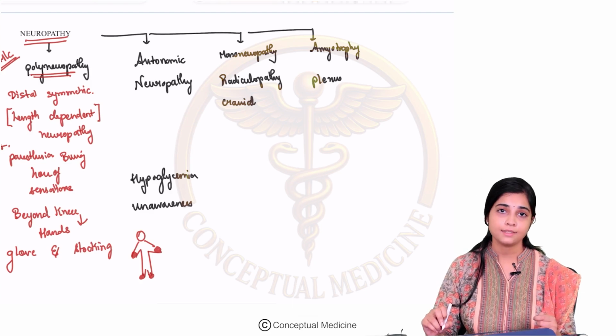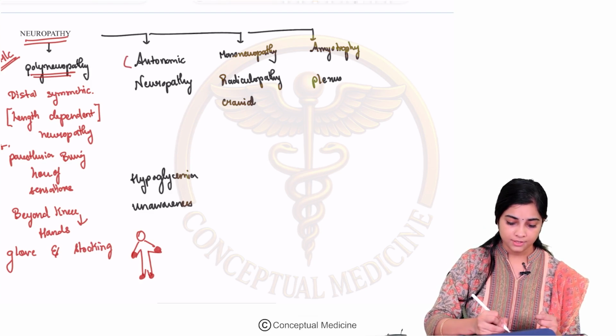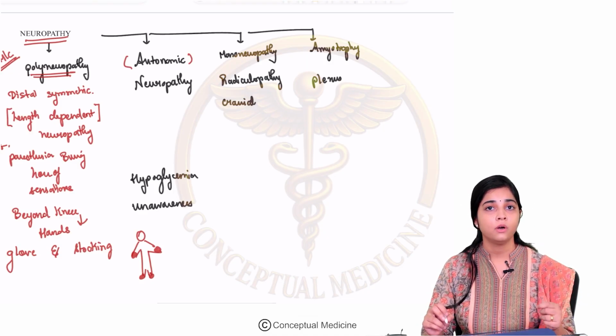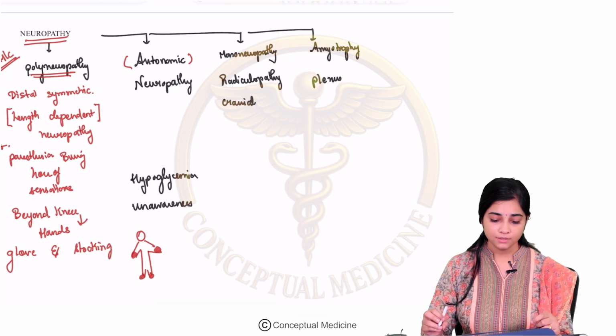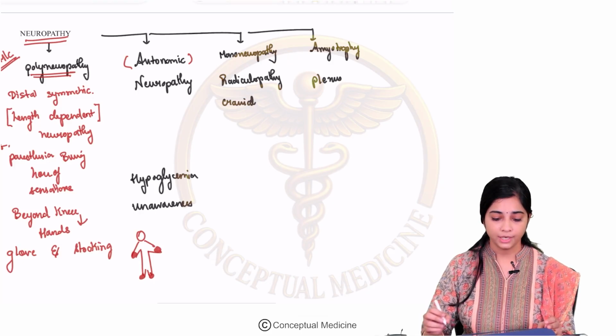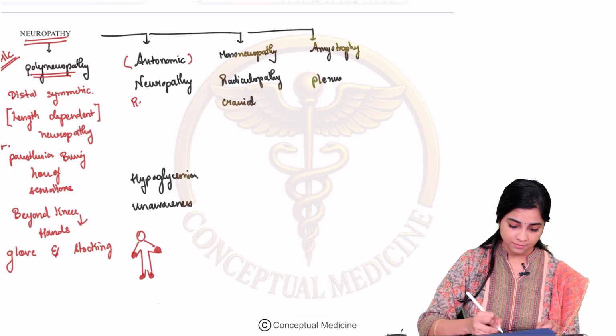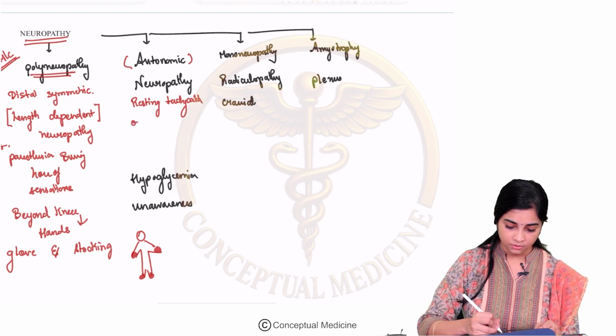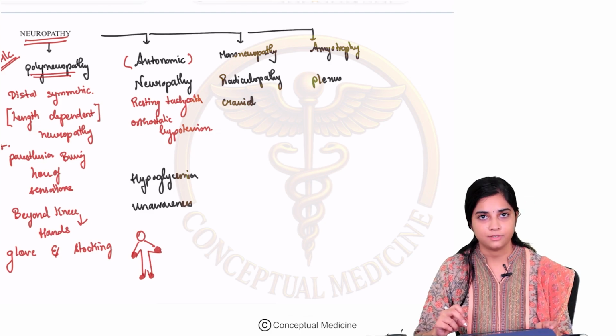Then the next type is autonomic neuropathy. Diabetes patients can have autonomic neuropathy. How do you identify it? It is characterized by resting tachycardia and orthostatic hypotension.